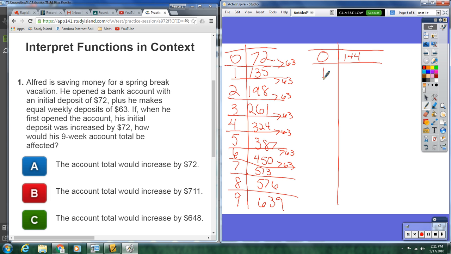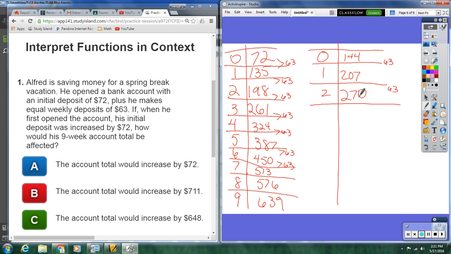So plus 63, what's he got now? 207 plus 63, what's he got now? 270. I could go all the way down through here and figure this out, couldn't I? But did his rate change? Do we still add 63 the same way? What changed? His initial amount, right?